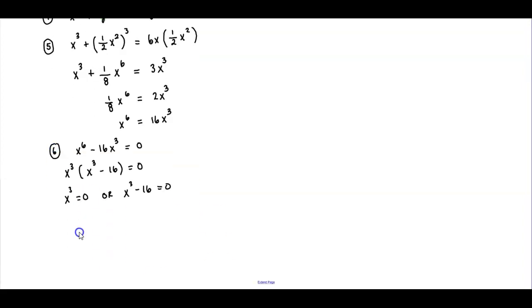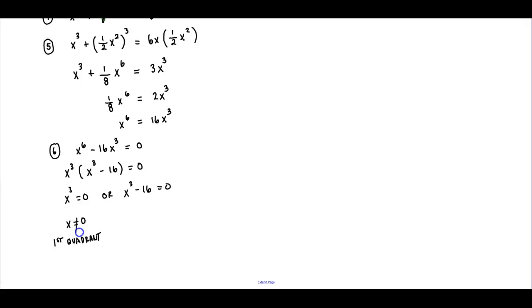Now x cubed equals 0 tells us that x is equal to 0. But since we're looking at the first quadrant, x does not equal 0.